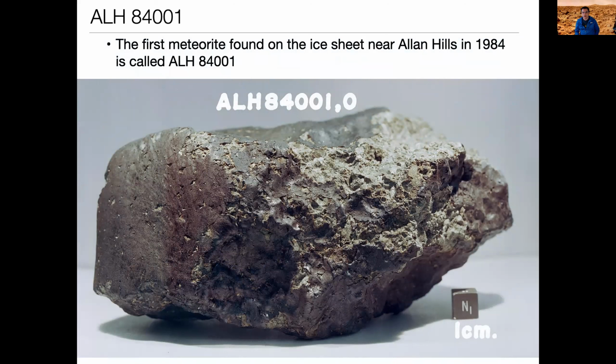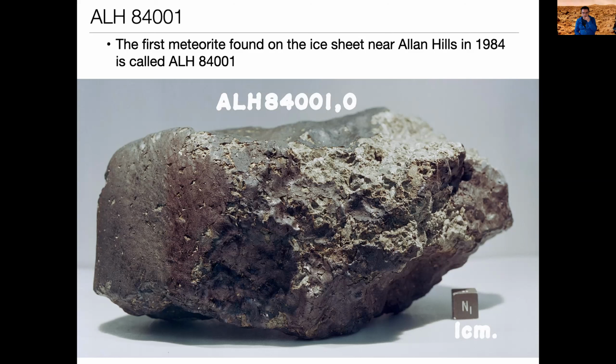Okay, so you can see there in the lower right, there's a cube for size. That's a 1 centimeter by 1 centimeter by 1 centimeter cube. So this meteorite is a little bit bigger than a basketball, but you can basically hold it in your hands. It's heavy, it's a rock, of course. It has a kind of irregular shape.